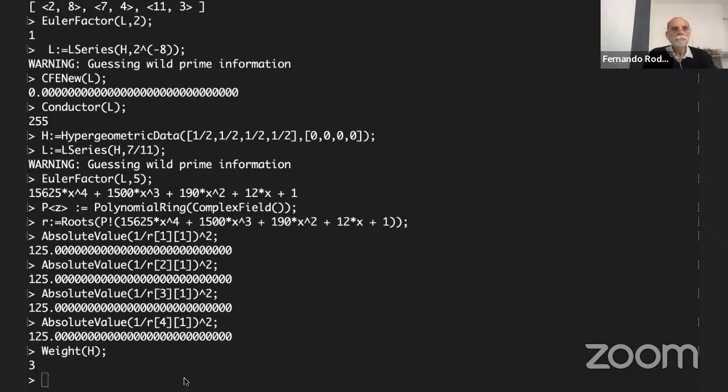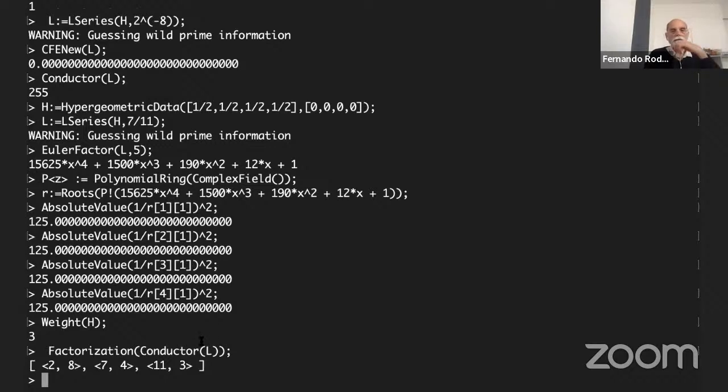And so let's see what is the conductor of this L series. So this is a humongous conductor. The bad prime factors are 2, 7, and 11.